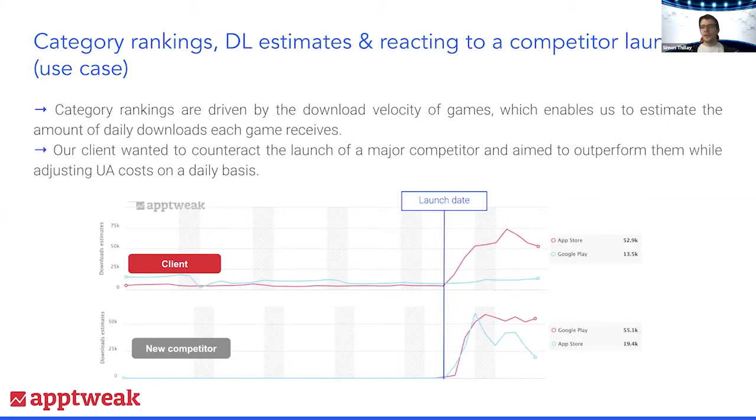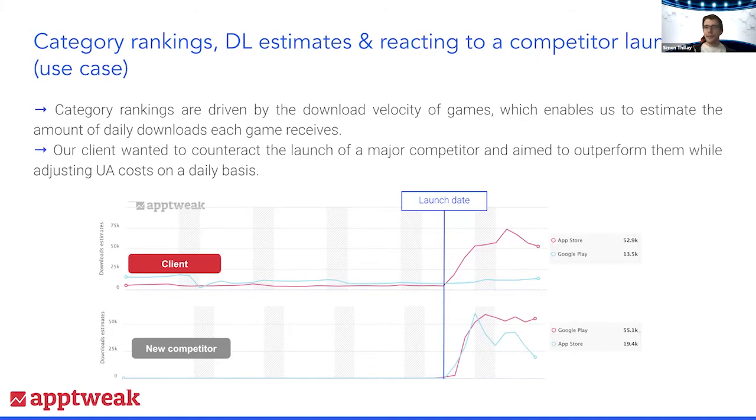They already knew this competitor was going to be successful and very active, especially in terms of UA. And they came to us with a challenge of saying they wanted to outperform their competitors. They were ready to spend UA budgets, but they still wanted to adjust costs to not spend too much money just to be outperforming their competitor.